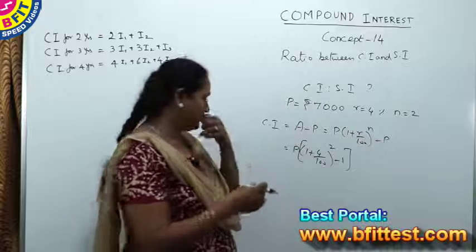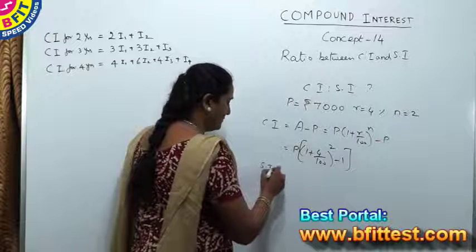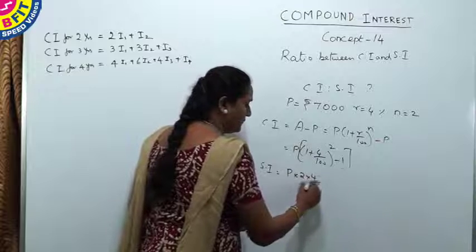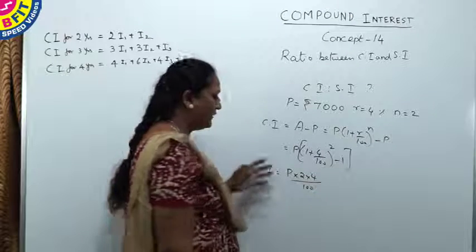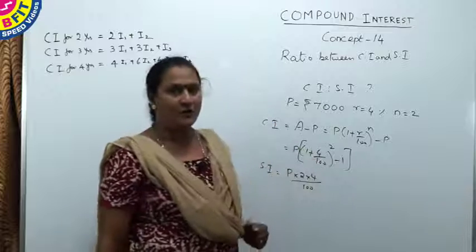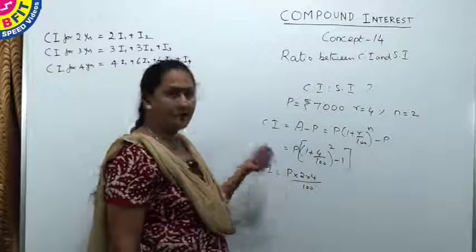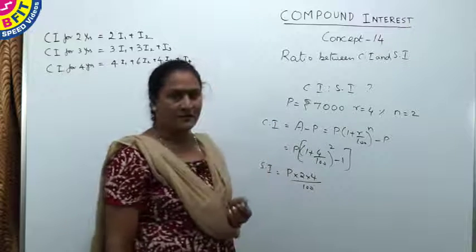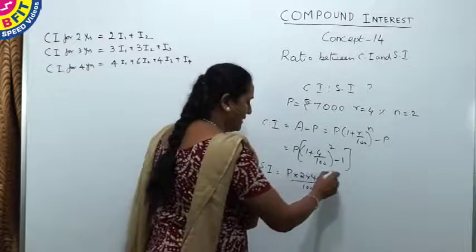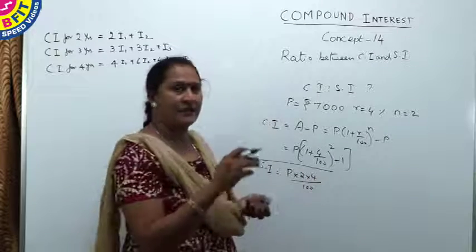If you find the simple interest, it is P, n is 2, rate is 4 by 100. After using the principal as 7,000 and simplifying, we get the compound interest, and substituting 7,000 for the principal, we get the simple interest, and the ratio, that is the quotient. We have to divide CI and SI to get the ratio.